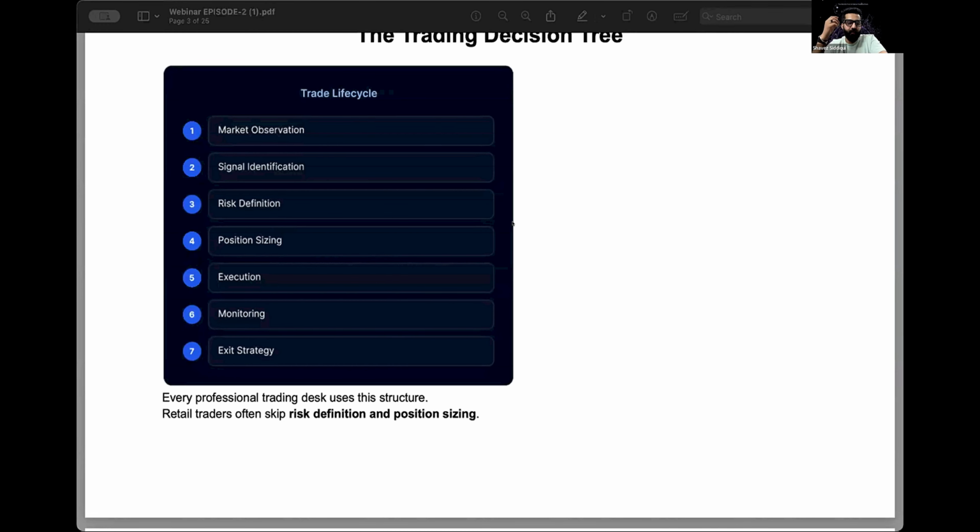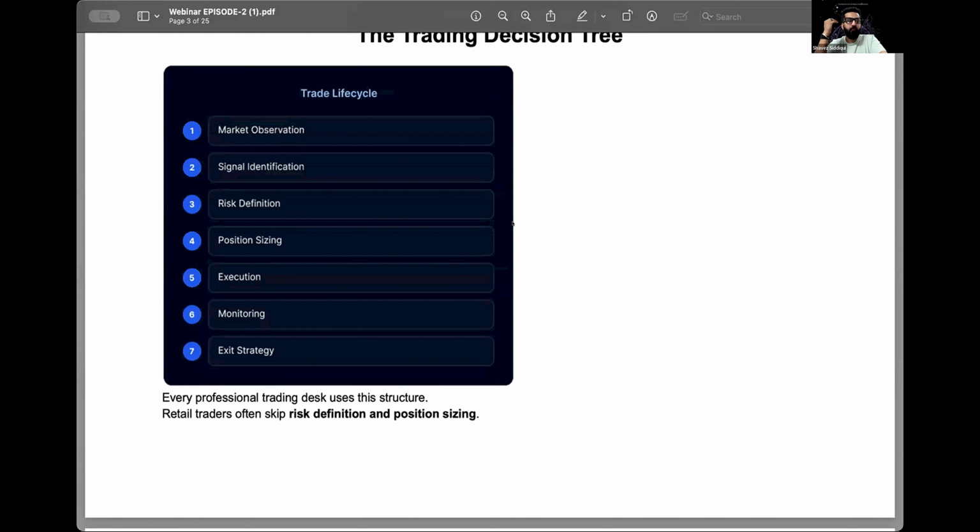How do we manage the trade? And then, post monitoring the trade, there is planning of the exit strategy. And whenever all these framework and decision tree pointers meet, a successful trade is executed.